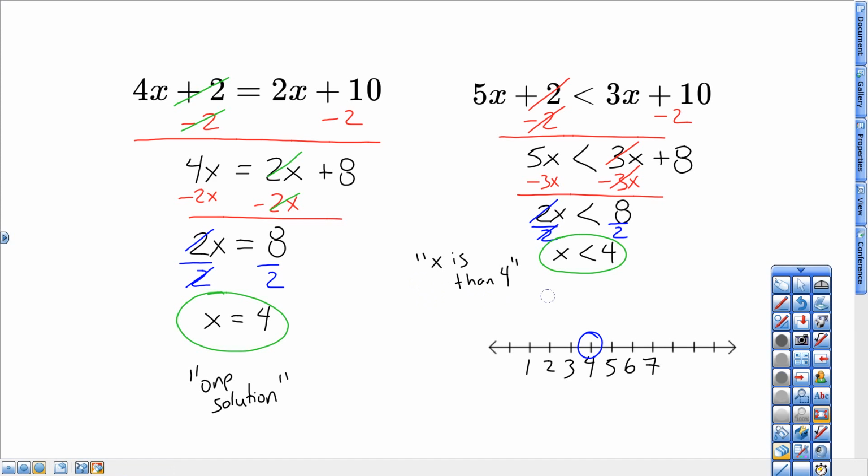Big mistake, I'm sorry. That is definitely less than. I see that now. Please fix that. Less than looks big like an L. So less than is anything shaded to the left. And then again, for those of you listening, this would be in set notation, negative infinity to 4 rounded.